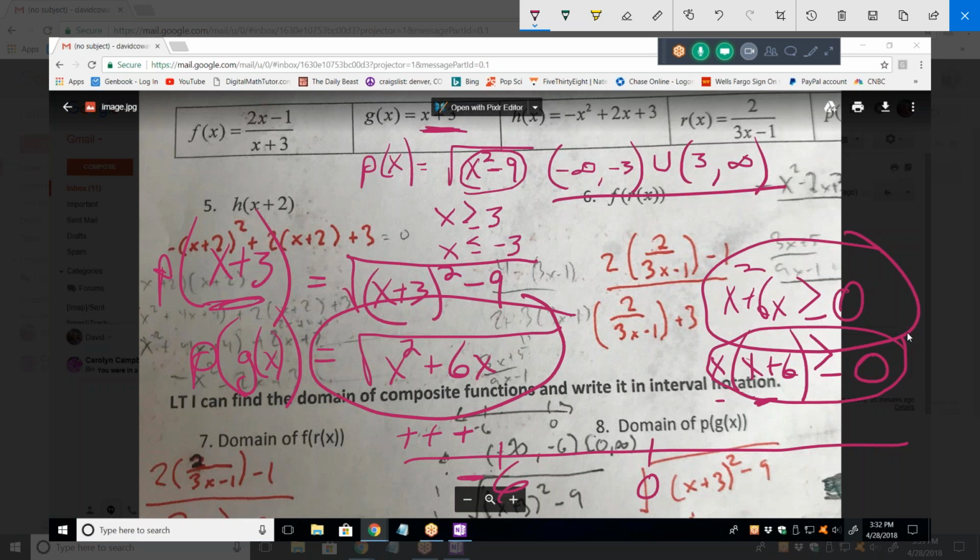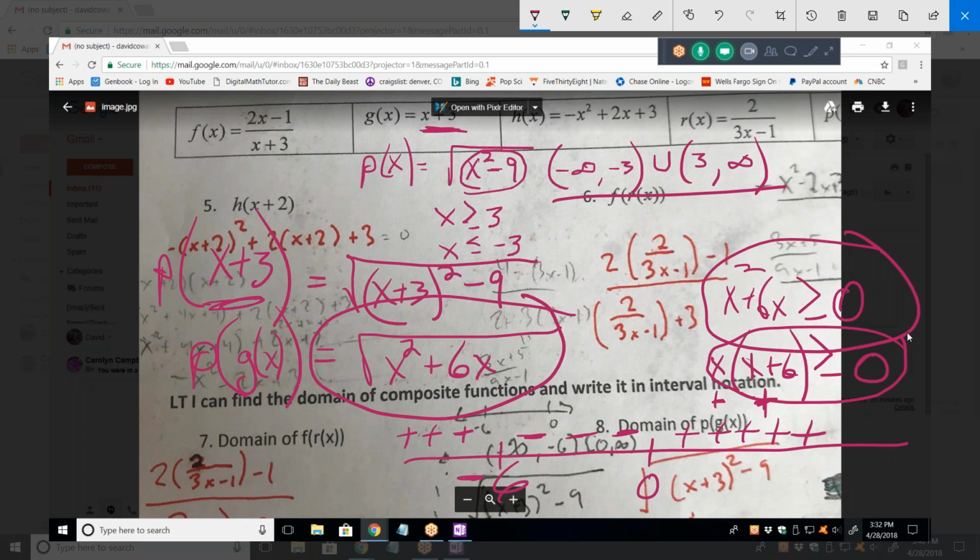Now we have to pick a number between minus 6 and 0. Let's pick negative 1. So that's negative, that's positive, so it's negative in this range here. And if you pick a number to the right of 0, you'll see that positive times positive is positive. These are all positive also.